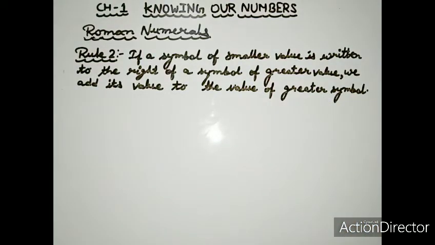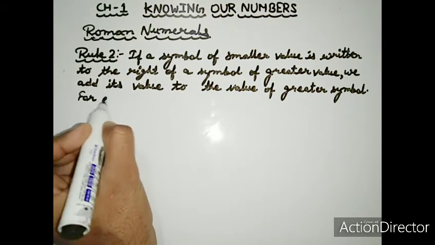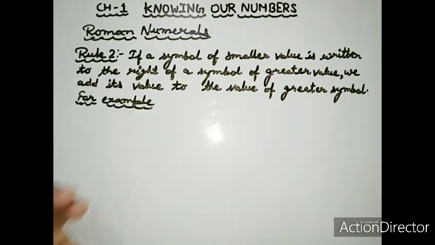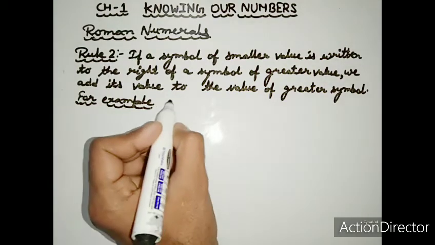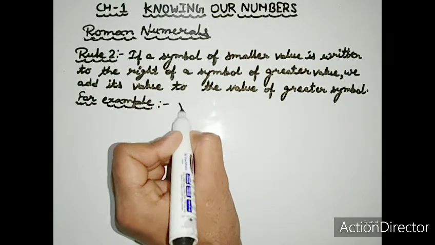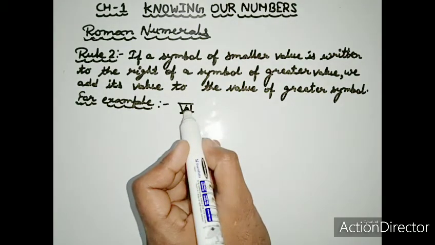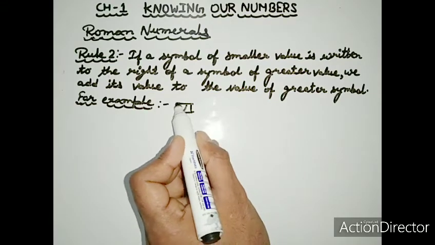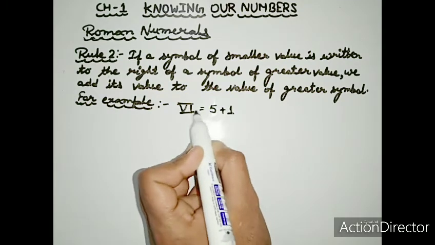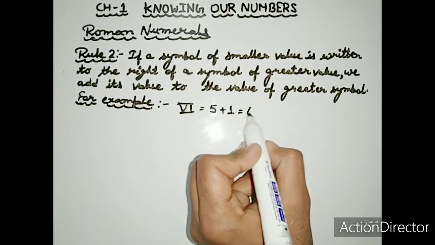For example, if we want to write 6, then we write V and I. Here I is written on the right-hand side of the greater symbol, so we write 5 plus 1 equals 6.